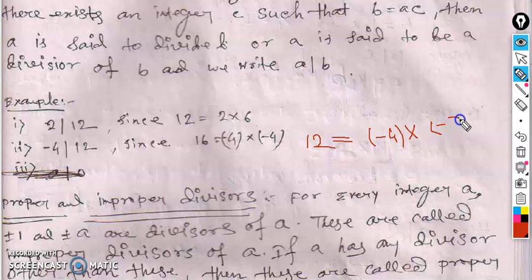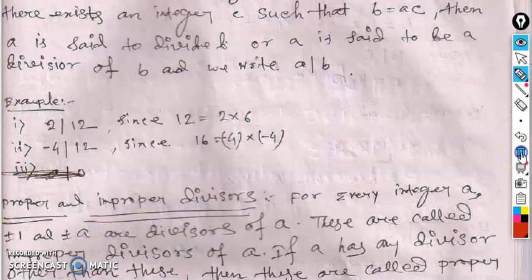So you can say that minus 4 is a divisor of 12, and for this we use the notation.